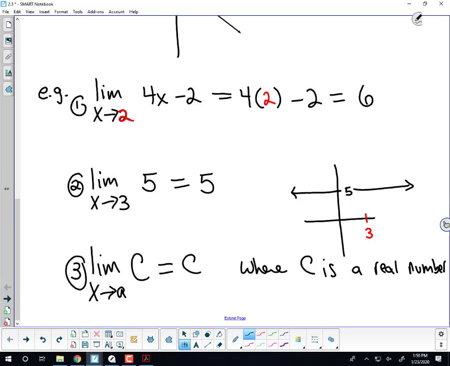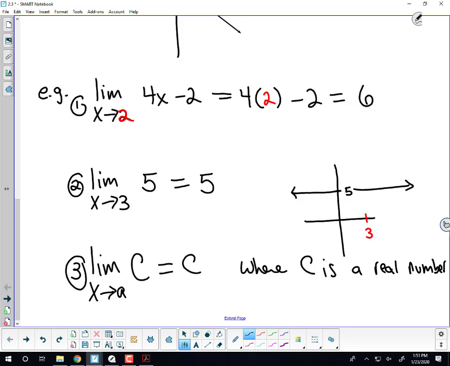Oftentimes we can't do that because the function's not defined at that particular location. The functions we can, like linear functions where we just directly plug into, we'll talk about the notion of why we can do that in 2.6.